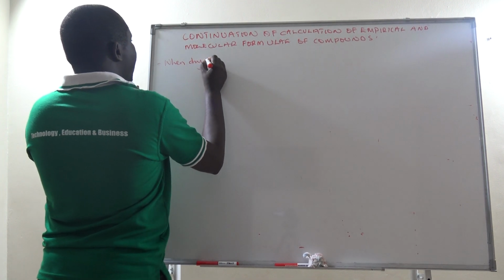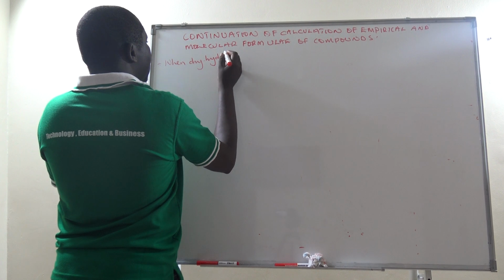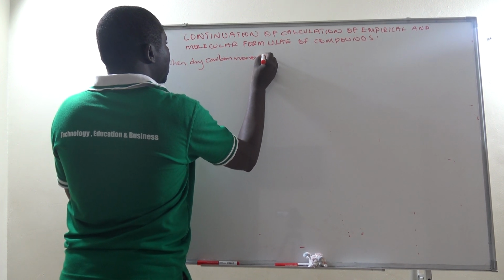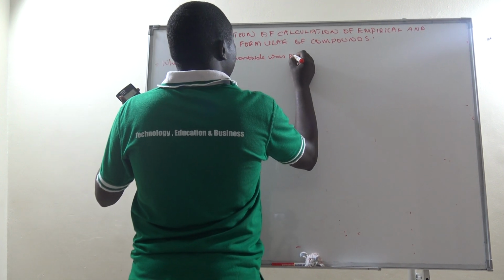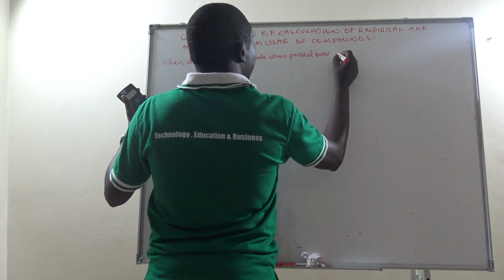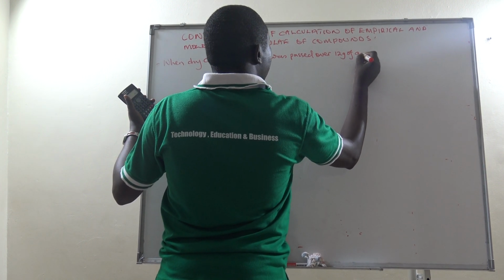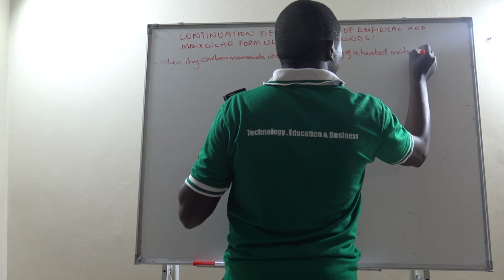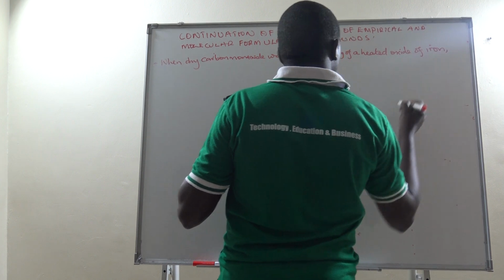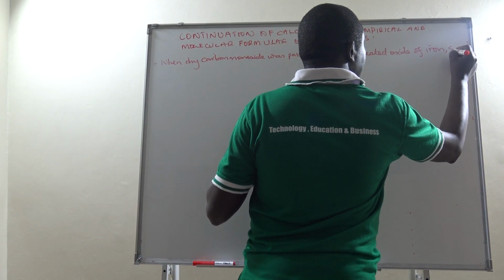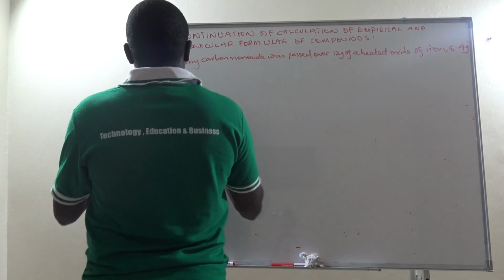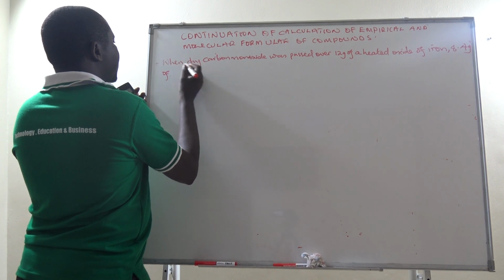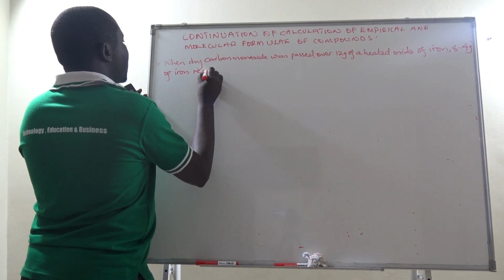When dry carbon monoxide was passed over 12 grams of a heated oxide of iron, 8.4 grams of iron remained.